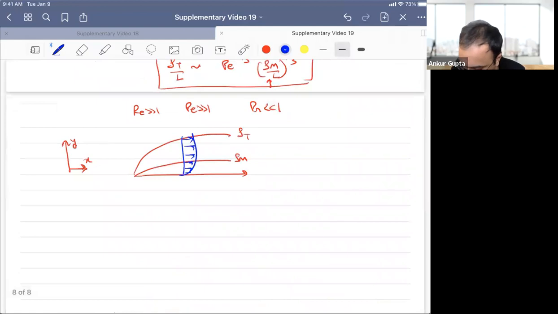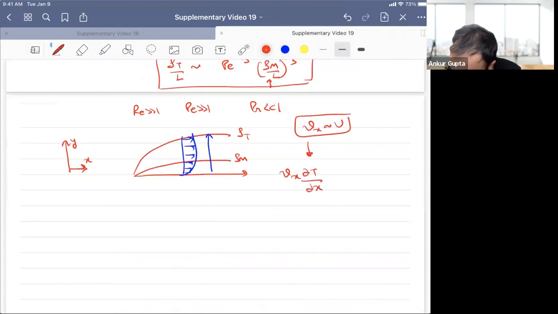And in this case, it's very clear that at the length scale of the thermal boundary layer, the velocity scale is simply u. If you do the case of Vx del t by del x equal to alpha del square t by del y square, you get u delta t by L equal to alpha delta t by delta t square.